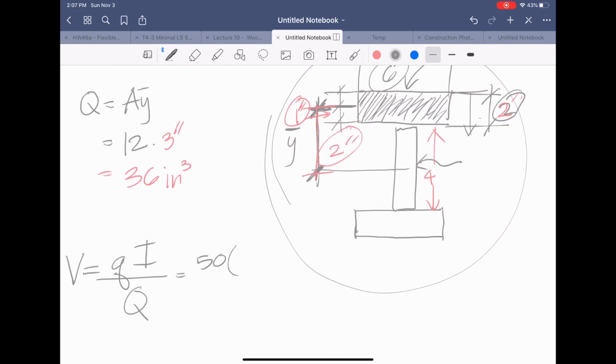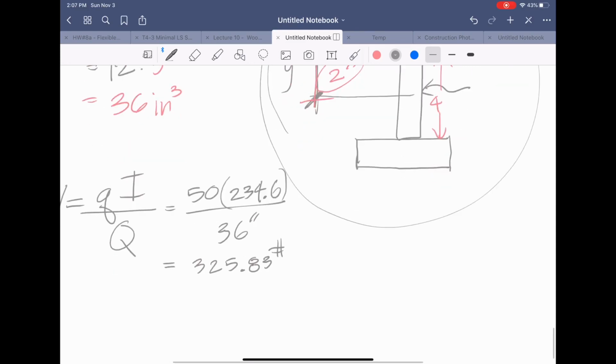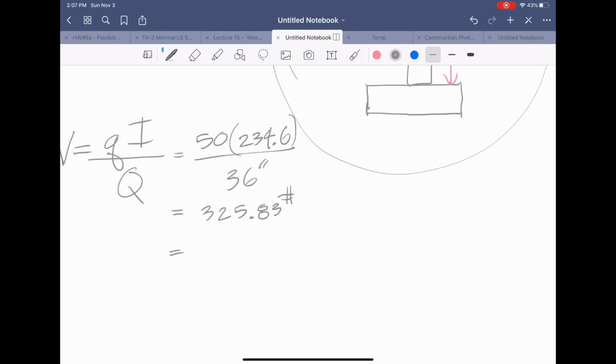We know that the inertia is equal to 234.6 over Q, which we just solved for, was 36 inches cubed. And that gives you 325.83 inch-pounds.